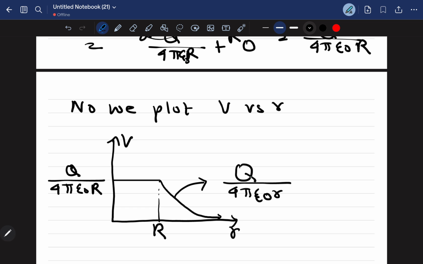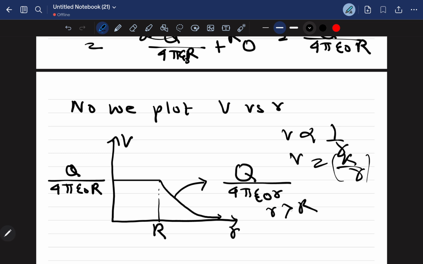Here the potential is q by 4 pi epsilon naught r, so it is inversely proportional to 1 by r, where r is the distance from the center of the shell. It is the equation of a rectangular hyperbola. So the graph for r greater than R is a rectangular hyperbola. It goes to infinity, and at infinity the value of the potential is 0.